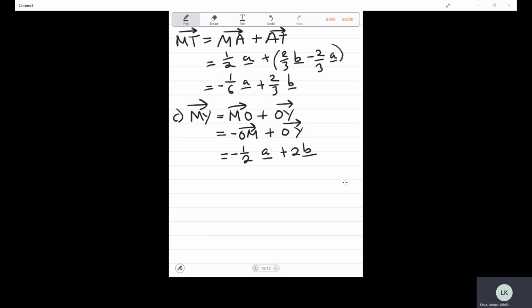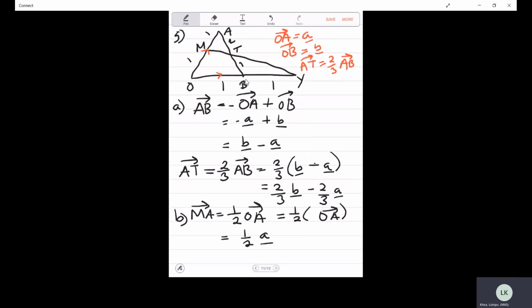So go back to our diagram and see why it is 2 times B. We know that from O to B, this is OB, and this vector here is equal to that vector there because that's the midpoint.